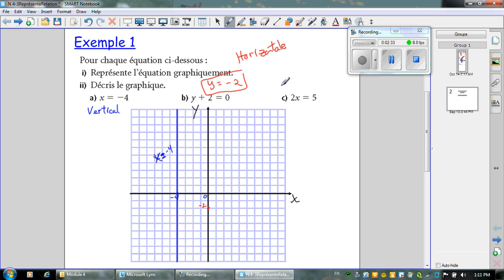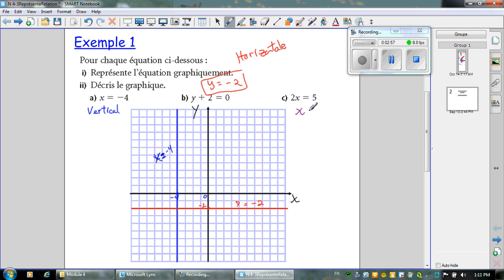So it's going to be a horizontal line on -2. So that line would be labeled as y equals -2.